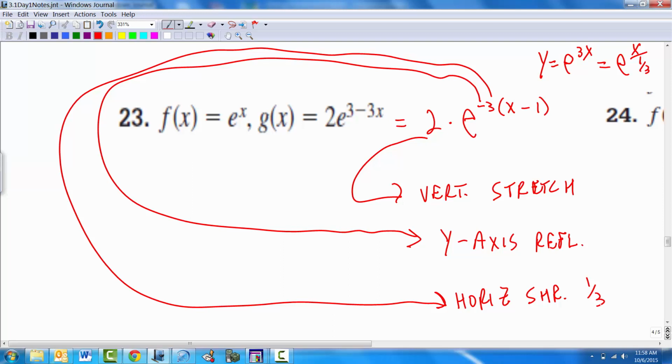That's the kick in the, let's say, stomach. Those are such a pain in the behind, but I think I know what they're trying to do. And actually, you know what I'm going to do in my graphing calculator? We're going to put e to the x and e to the 3x and see the horizontal shrink. What does shrink mean? Am I going to go towards or away from the y-axis? Horizontal shrink means towards or away from the y-axis? Towards.